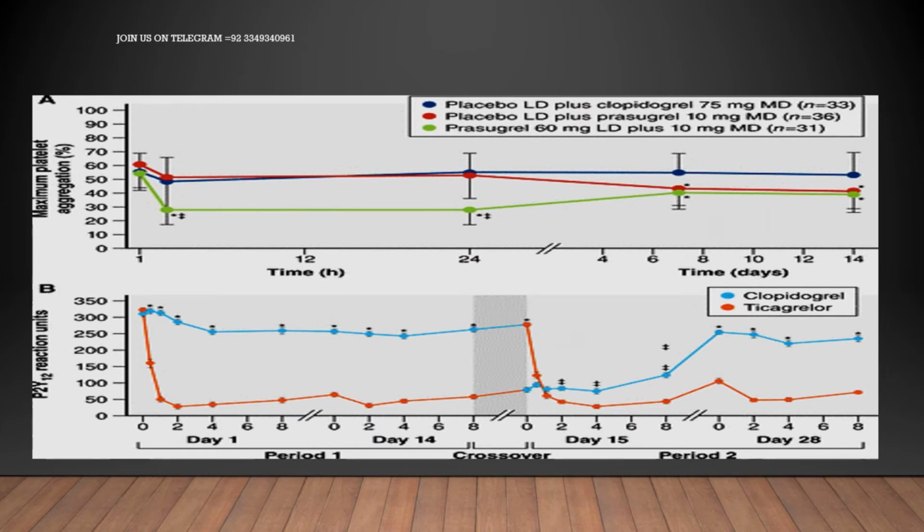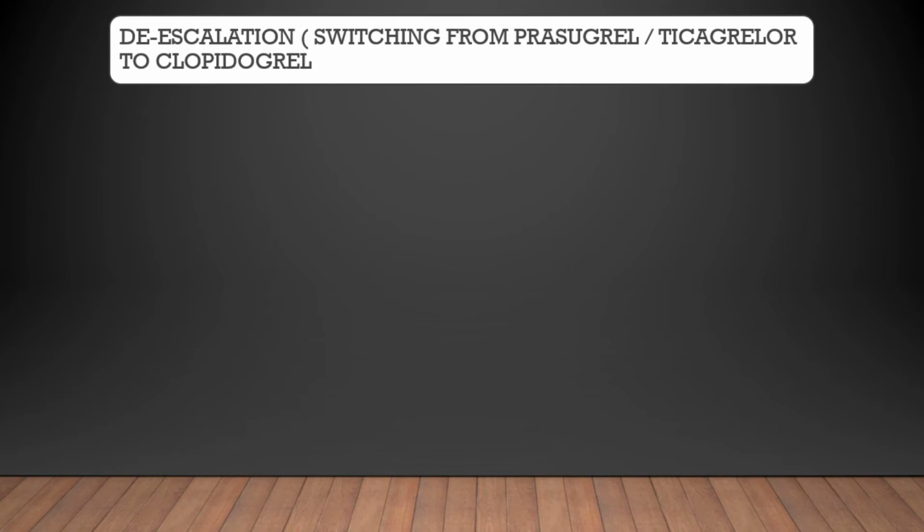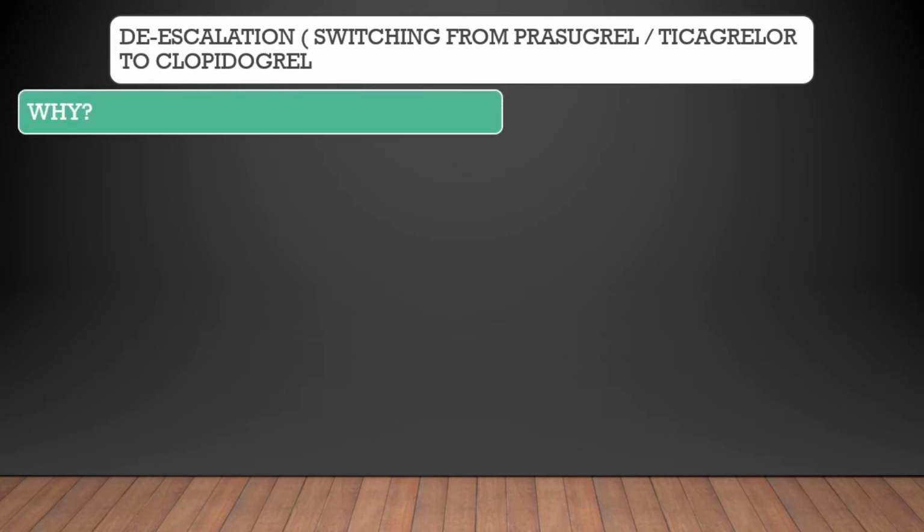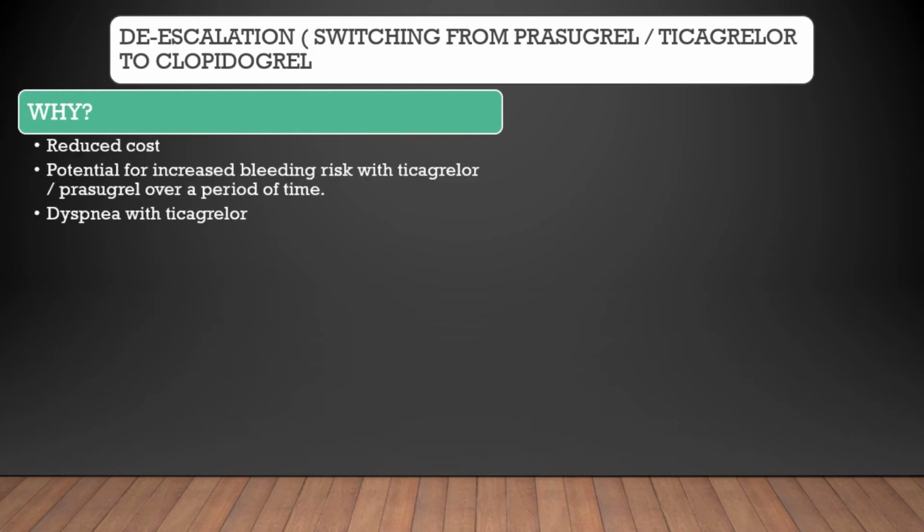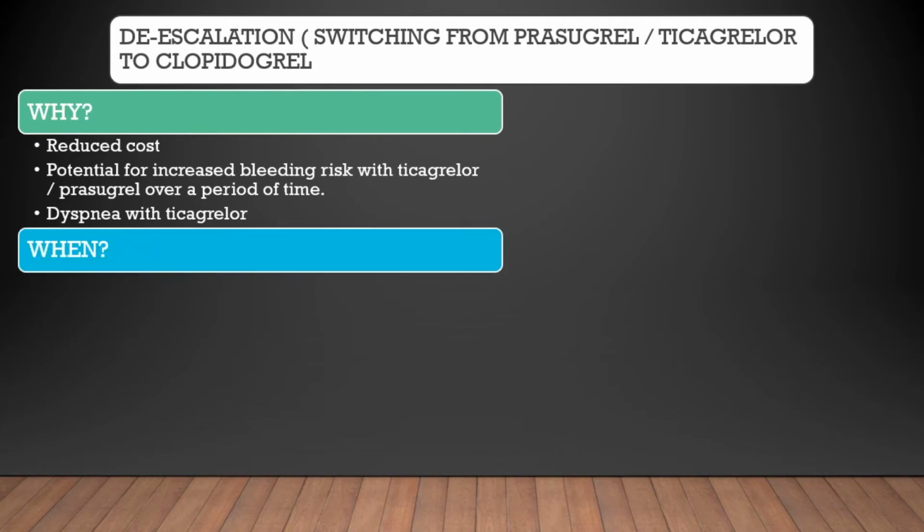So again, de-escalation is switching from prasugrel or ticagrelor to clopidogrel. When it is done, sometimes the cost associated with generic clopidogrel is less compared to that of ticagrelor and prasugrel, so that's one of the reasons. Potential for increased bleeding risk with ticagrelor and prasugrel over a period of time, particularly if they are used for more than 1 year.